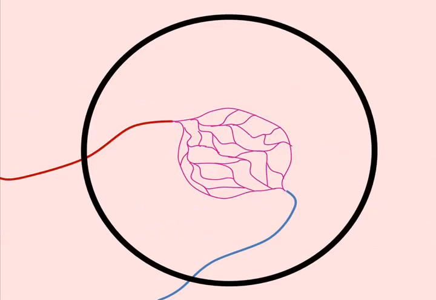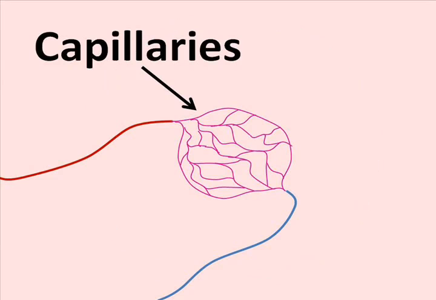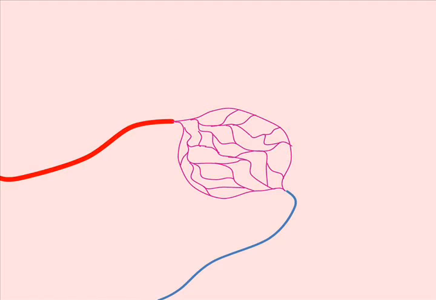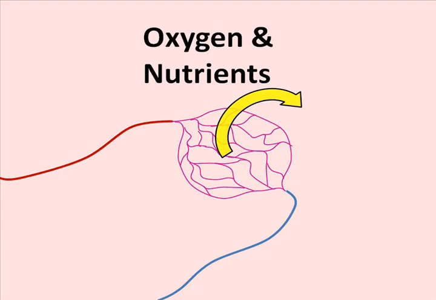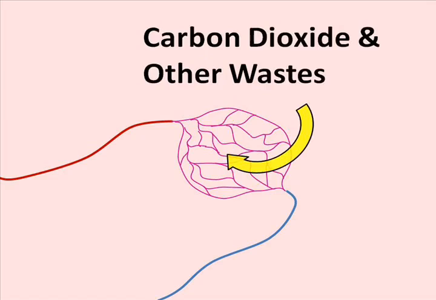This migration of cells from the bloodstream to the wound begins at the capillaries. Capillaries are the tiny vessels that connect the very small arteries to the very small veins. As the blood passes from the small artery through the capillaries and then into the small vein, oxygen and nutrients are delivered to the tissue, and carbon dioxide and other waste products are absorbed and carried away.